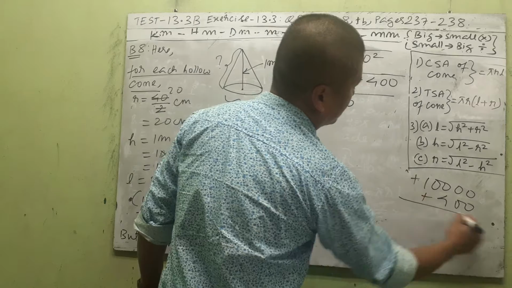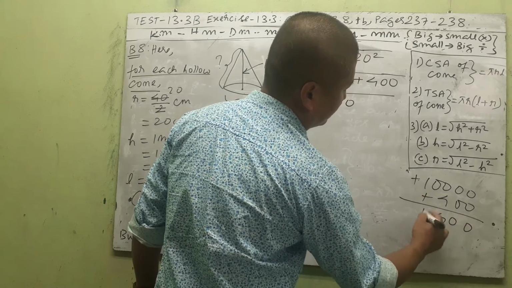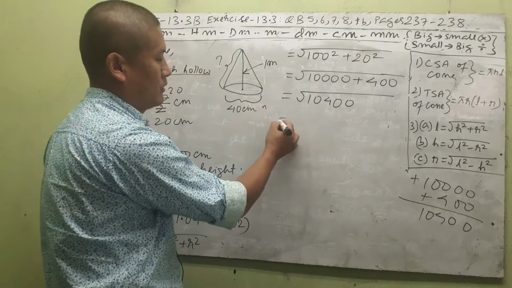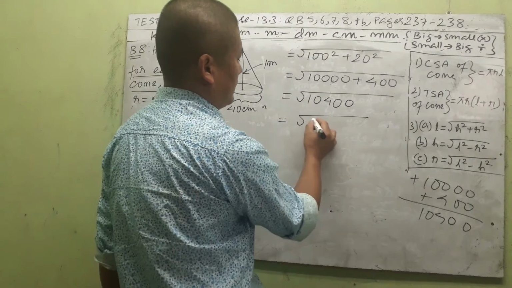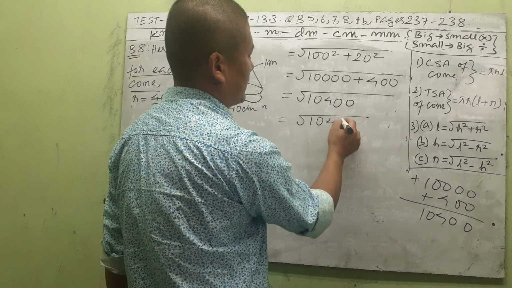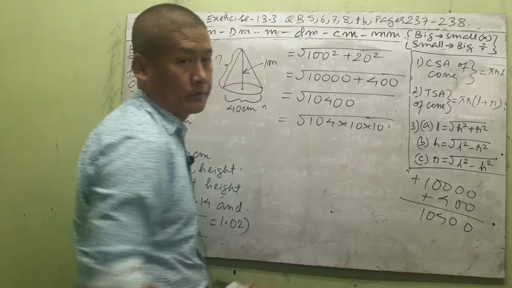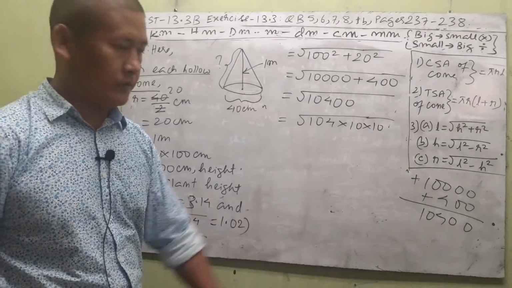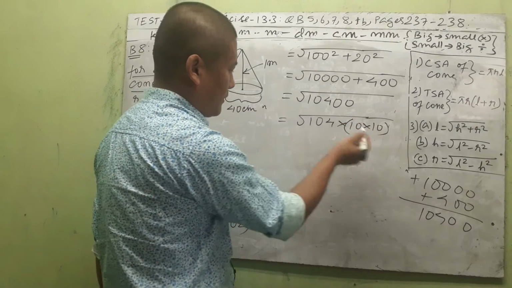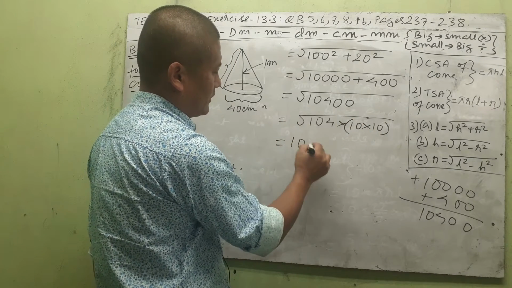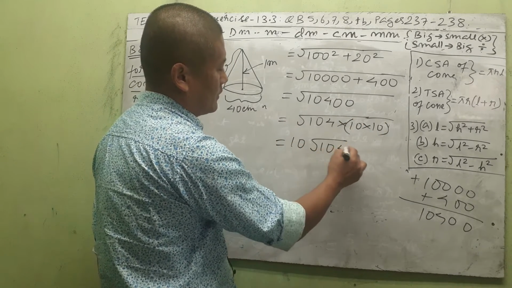When we add these two, 10400. Now this 00 can be written as 10 into 10. So these two can come out of the root as a single 10, and root over 104.